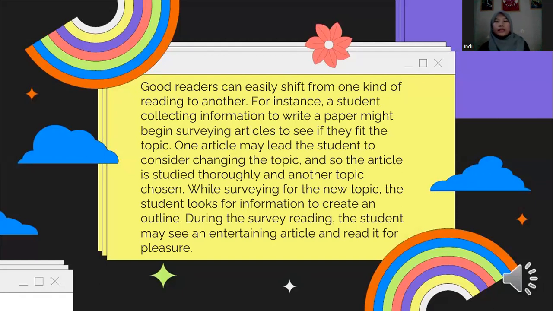One article may lead the student to consider changing the topic. And so the article is studied thoroughly and another topic chosen. While surveying for the new topic, the student looked for information to create an outline. During the survey reading, the student may see an entertaining article and read it for pleasure.